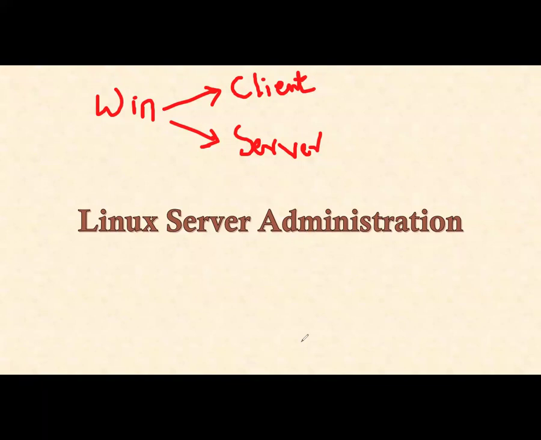So when you talk about computers, laptops, and servers, there are basically two types of operating systems: your client operating system and your server operating system. The client operating system is used in laptops and desktops.